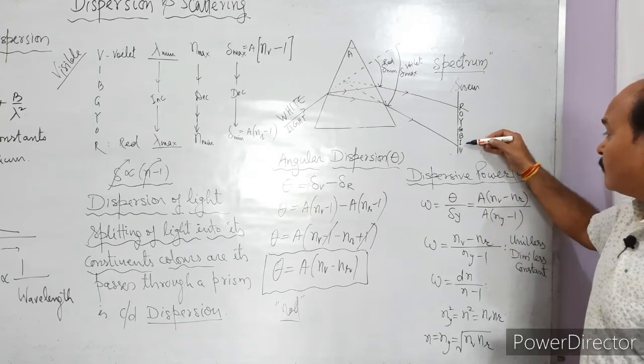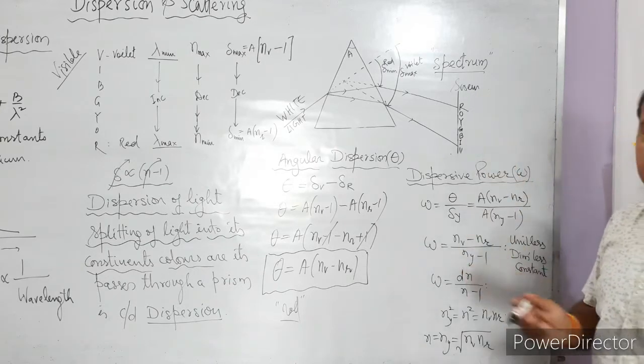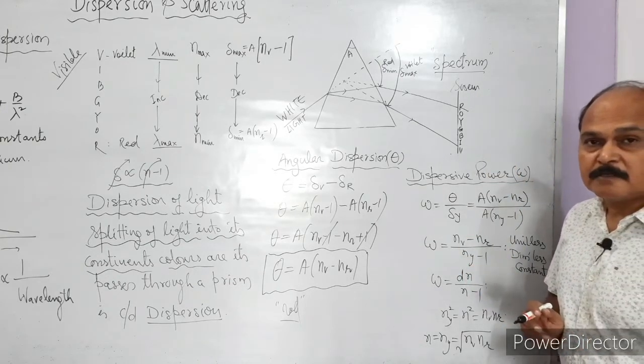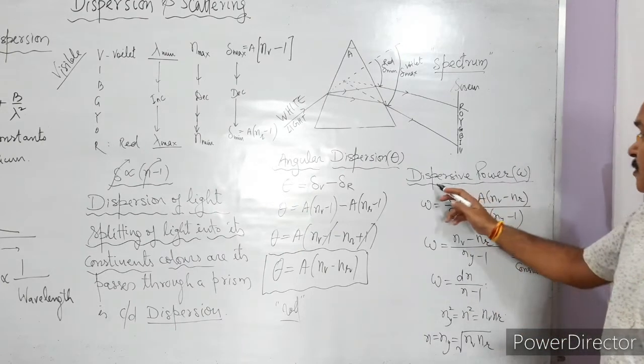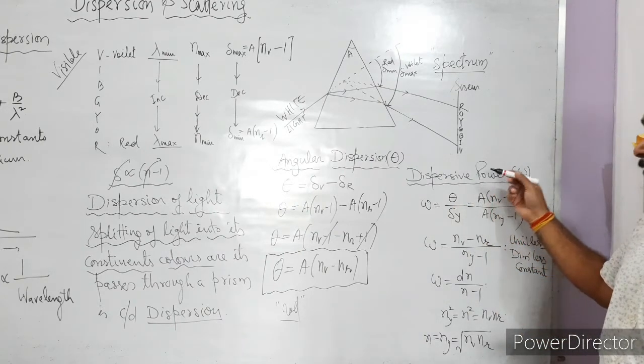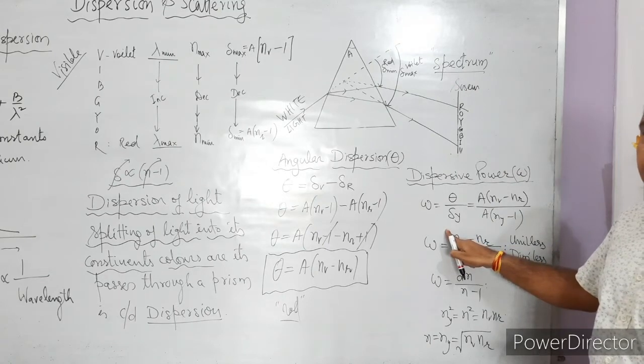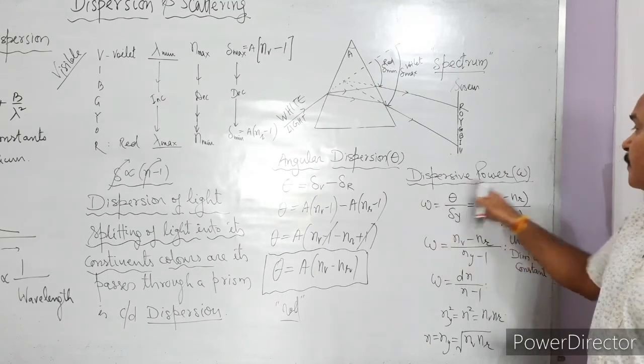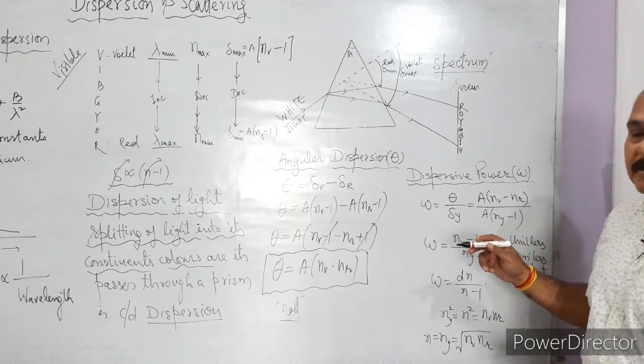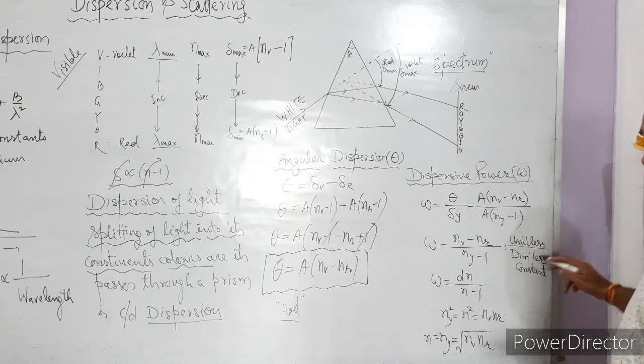You know, out of these 7 colors, yellow color is the mean color. So the ratio of angular dispersion to deviation of mean color is called dispersive power. It is a unitless and dimensionless constant for a medium.